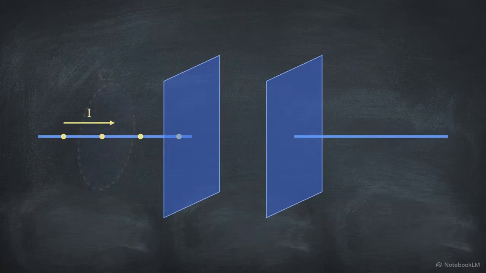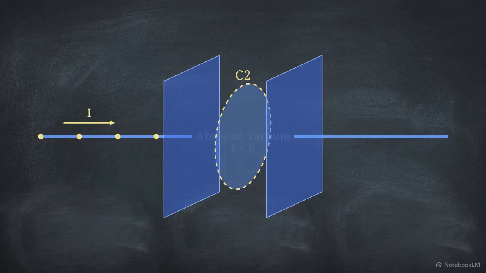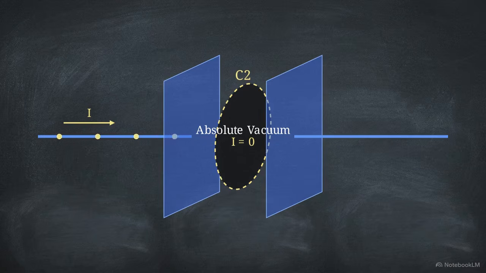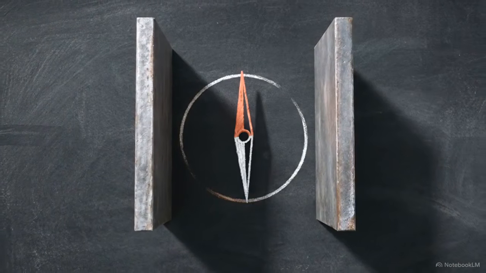But if an identical loop, C2, is shifted into the gap between the capacitor plates, the geometric conditions change. The area bounded by this second loop contains absolute vacuum. Because no physical charges flow through a dielectric vacuum, the enclosed electrical current at C2 is mathematically 0. This creates a direct contradiction.